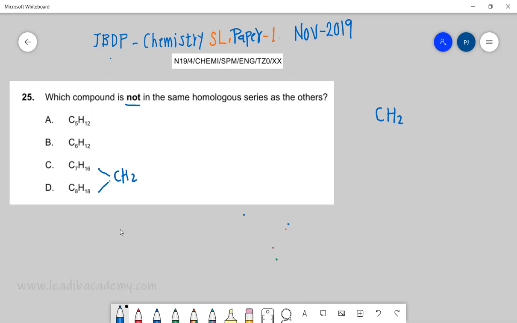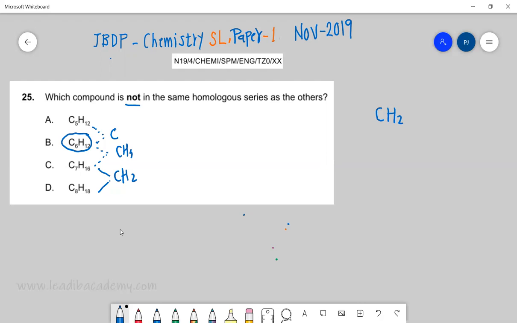CH2. What about this and this? No, they are not differing by this. They are just differing by C. What about this? It is differing by CH4. So it is very clear that this is not part of the homologous series.